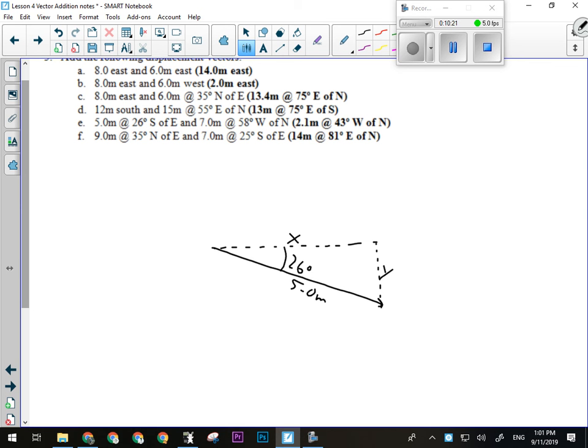My next line is 7 meters at 58 degrees west of north. So I've got to draw a reference line that's north. I've got to go 58 degrees west of that. So almost back along the same line, and 7 meters in length.